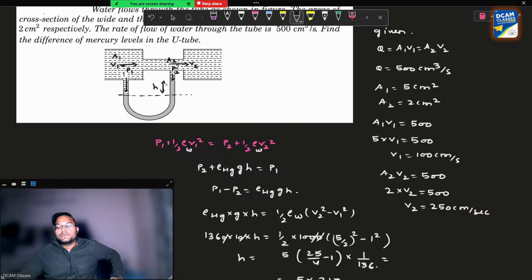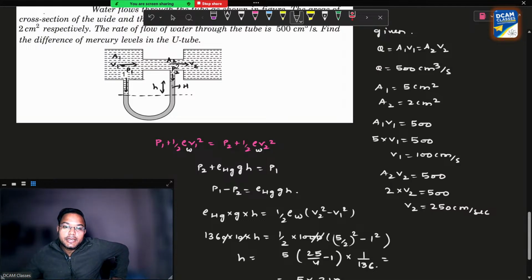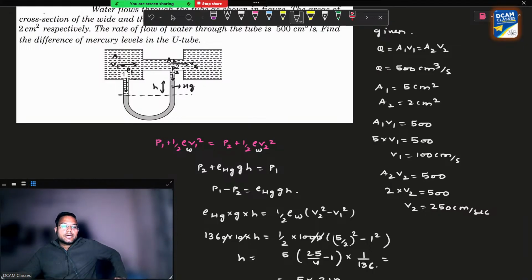The difference of height, which they are asking, suppose it's h. So P2 plus rho mercury, but earlier what mistake did I do? This is mercury, I forgot. P2 plus rho mercury into g into h should be equal to P1. The pressure in the same liquid here. So using that, I'll find P1 minus P2. That value I have substituted in the Bernoulli's theorem. That's all. Over.